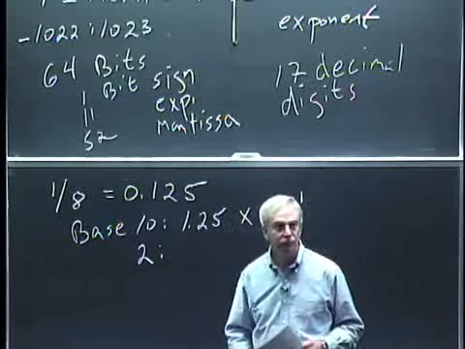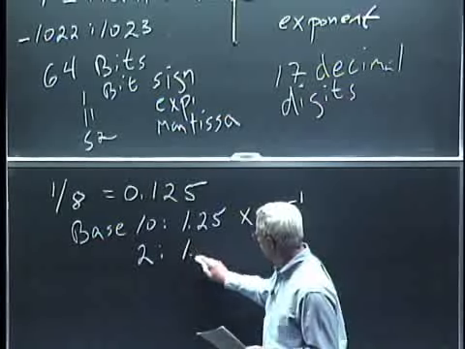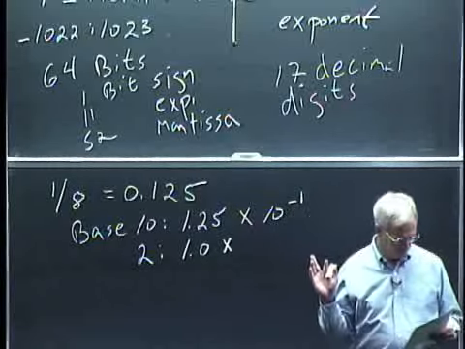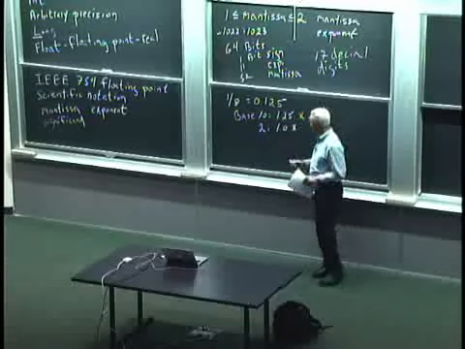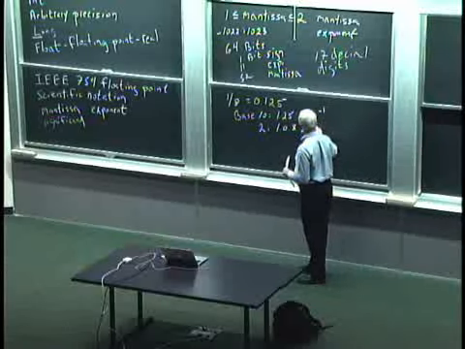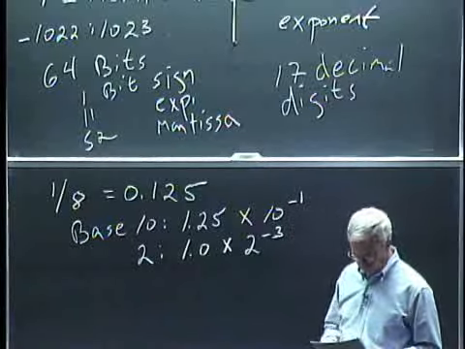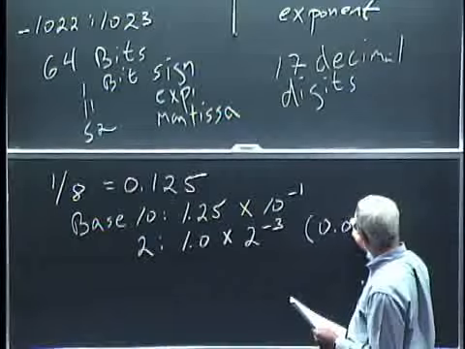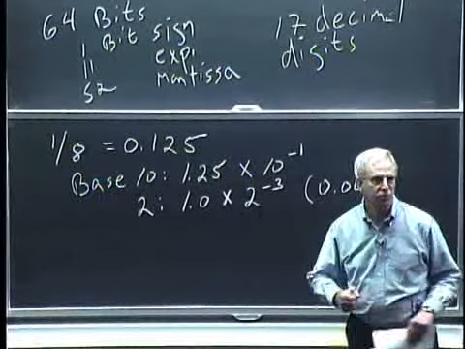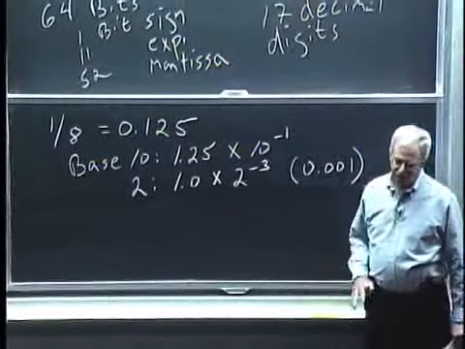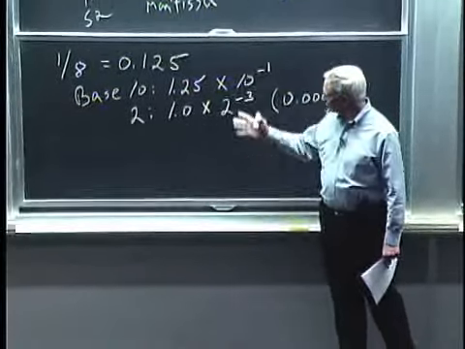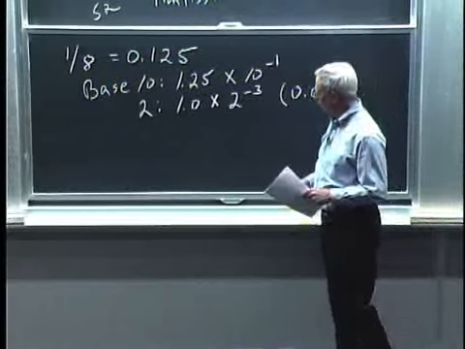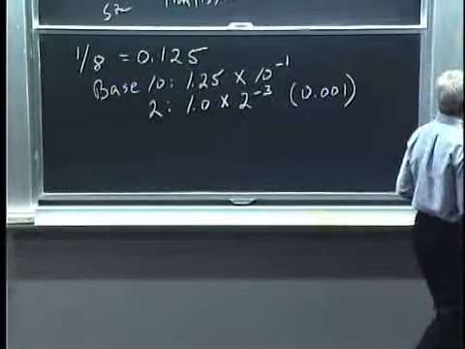What would it be? 1.0 times, anybody? Well, 2 to the minus 3. So in binary notation, that would be written as 0.001. So you see, 1/8 is kind of a nice number. We can represent it nicely in either base 10 or base 2. But how about that pesky fraction 1 over 10?